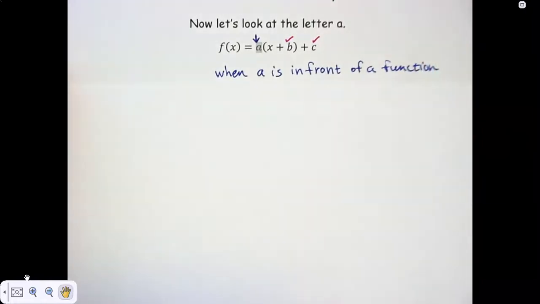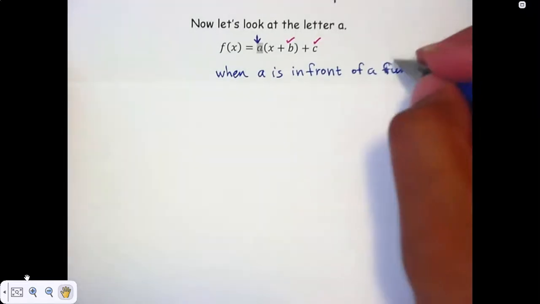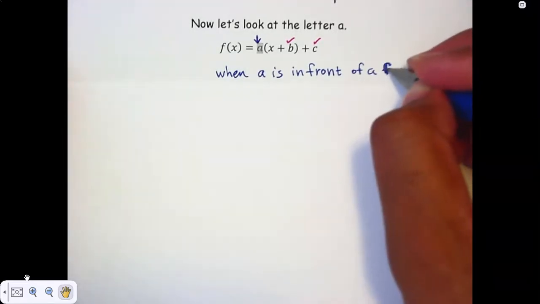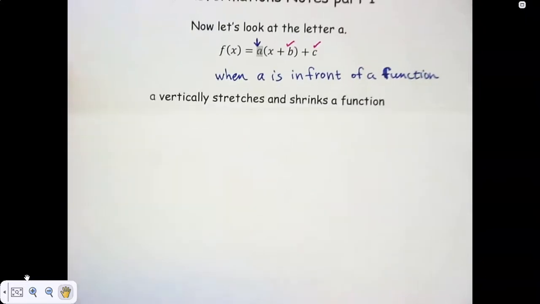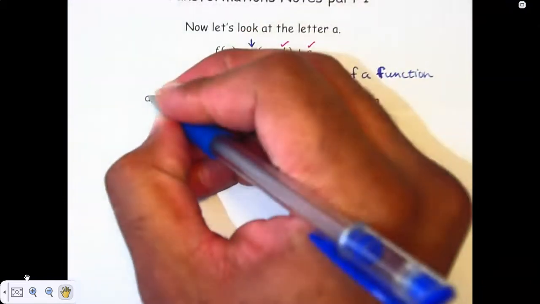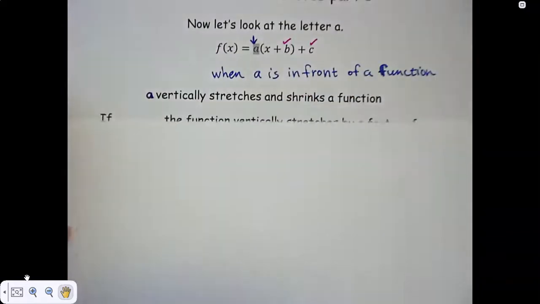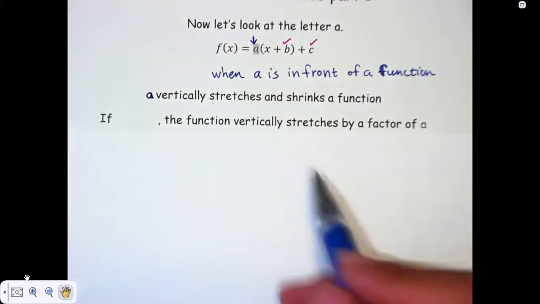All right, so this happens when A is in front of the function. Sorry about that, guys. So here, when A is in front of a function, we have a vertical stretch or vertical shrink that's going to happen, and it depends on whether it shrinks or expands.